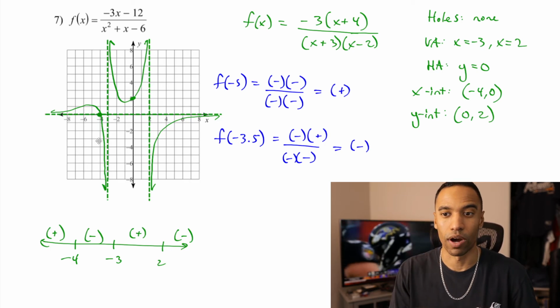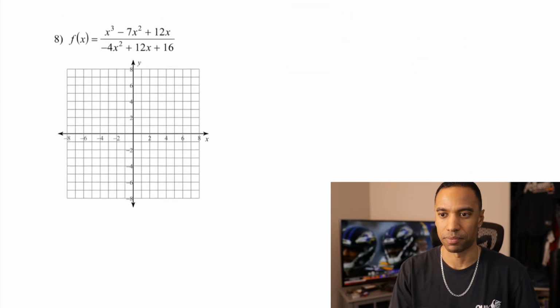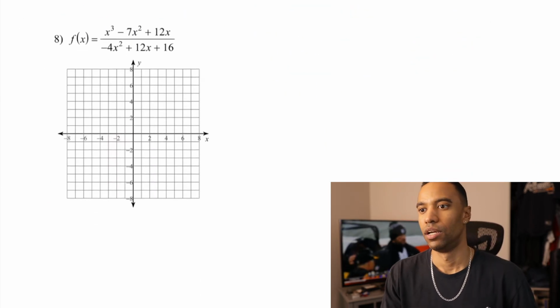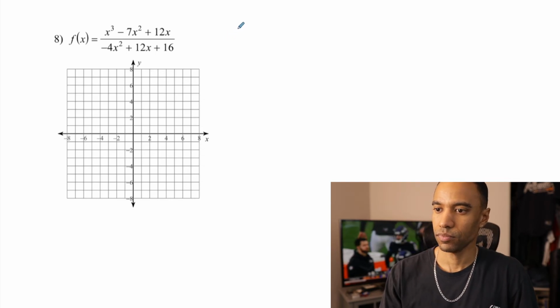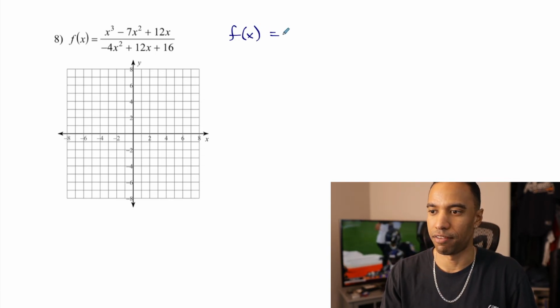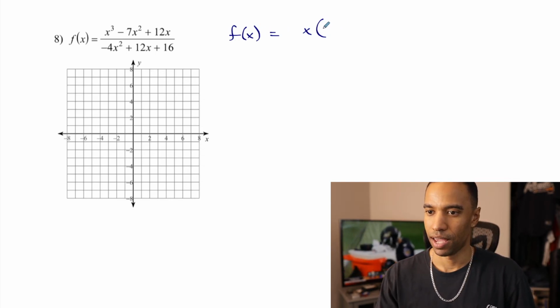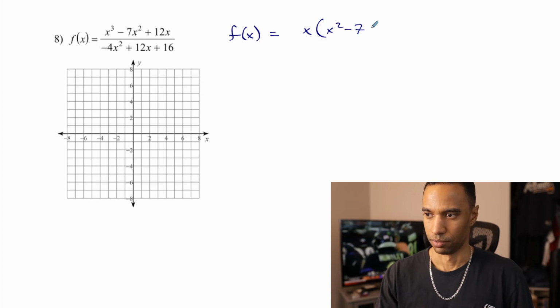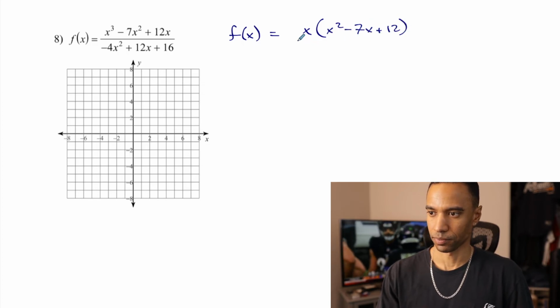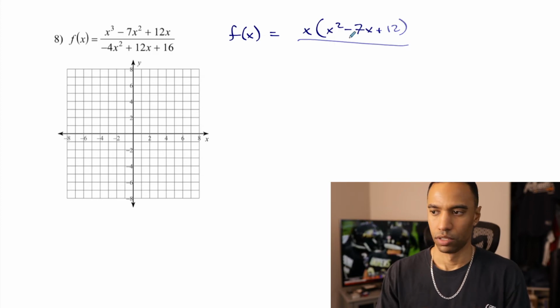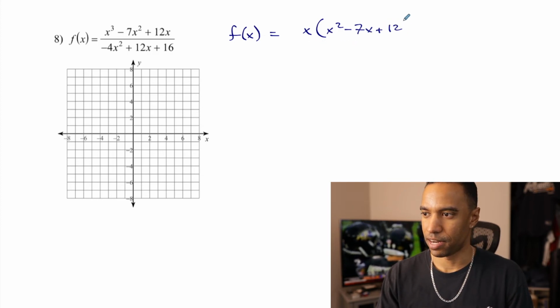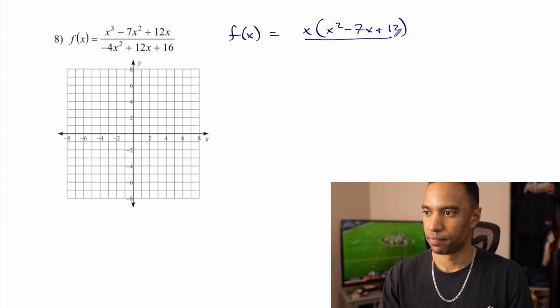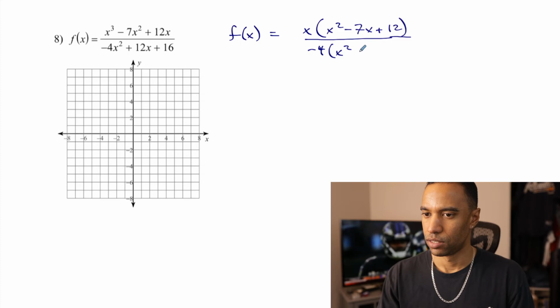All right, we have one more to do, and that is number 8. Oh, man. All right, number 8. We have a common factor of x on top, and then we can get x squared minus 7x plus 12. Whoa. We have a common factor of negative 4 on bottom, and we're left with x squared minus 3x minus 4.